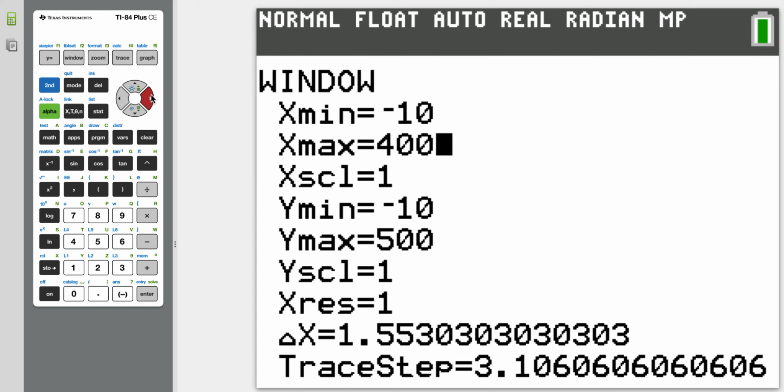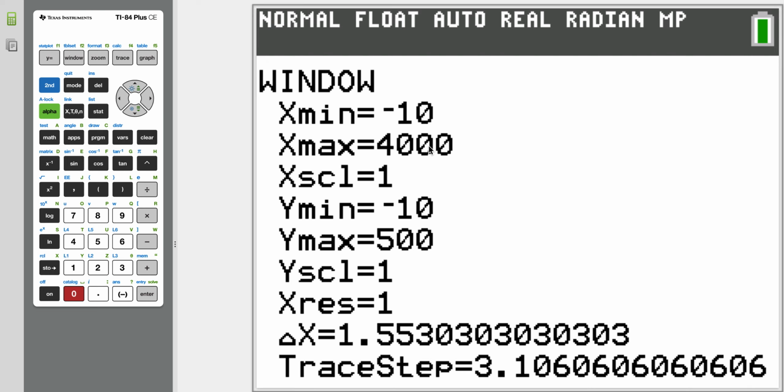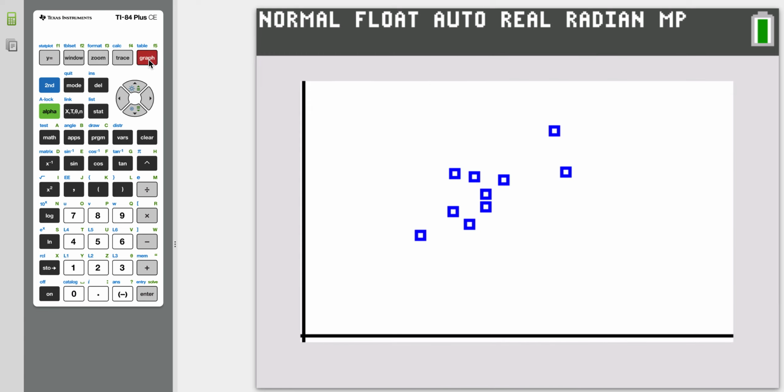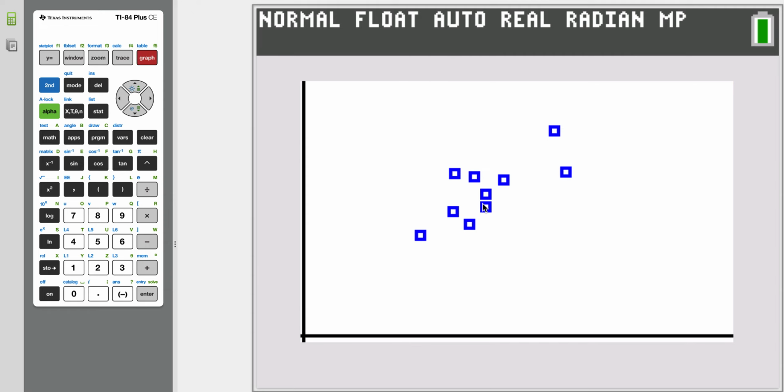Okay, so now we're letting our houses go all the way up to like a 4,000 square foot house and cost up to 500,000. And now when we graph it, we're going to see the houses. Okay, we don't have the line of best fit yet, but now we see this. Again, you're going to have to adjust your window based on the data. If you don't see the data, your window is not correct, and you need to think through your lists.